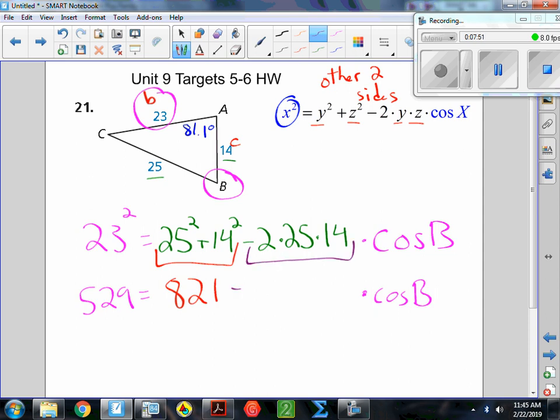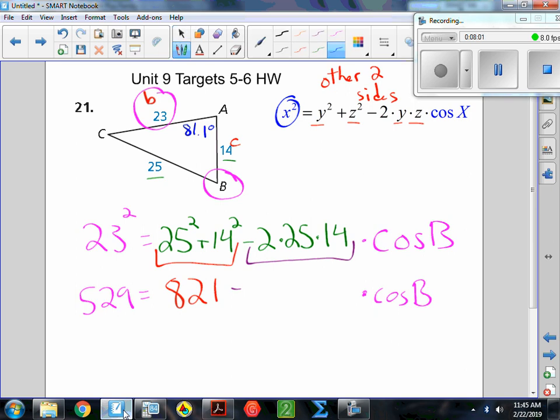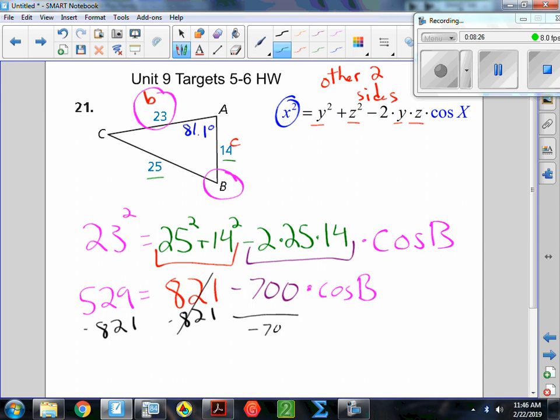So 2 times 25 is 50, and 50 times 14 is 700. So I have 529 equals 821 minus 700 times cosine B. If I subtract 821 on both sides of the equation, that'll give me what's left. I'll then have to divide by negative 700.